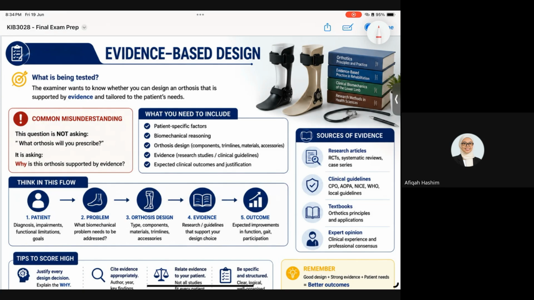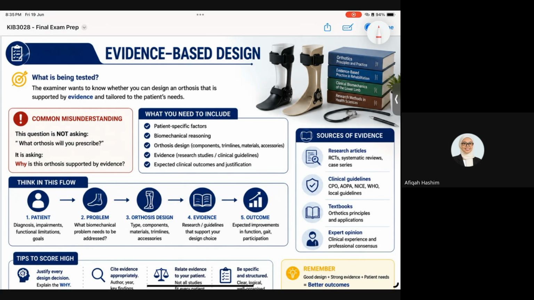And another important point is not every research paper applies to every patient. For example, if a study was conducted on adults after stroke, can you directly apply those findings to a 7-year-old child with another condition, for example, ITW, idiopathic toe walking? Probably not, right?